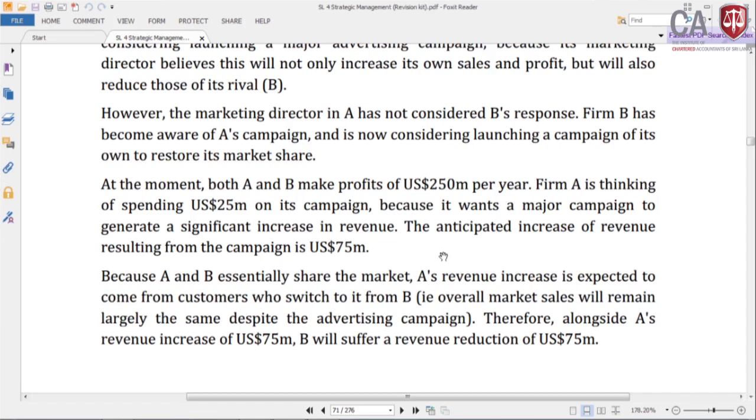Therefore, alongside A's revenue increase of US 75 million, B will suffer a revenue reduction of 75 million. So, when A enjoys 75, B suffers 75 million loss.